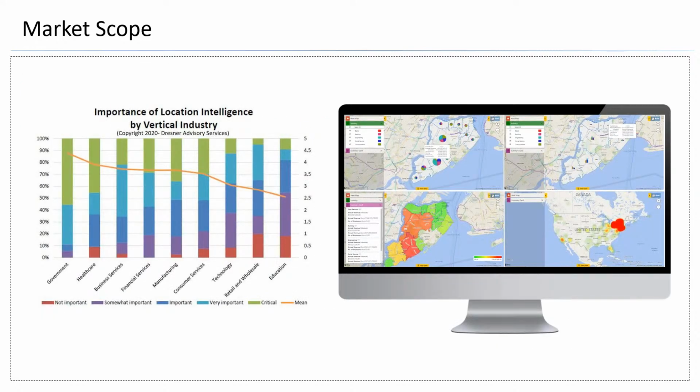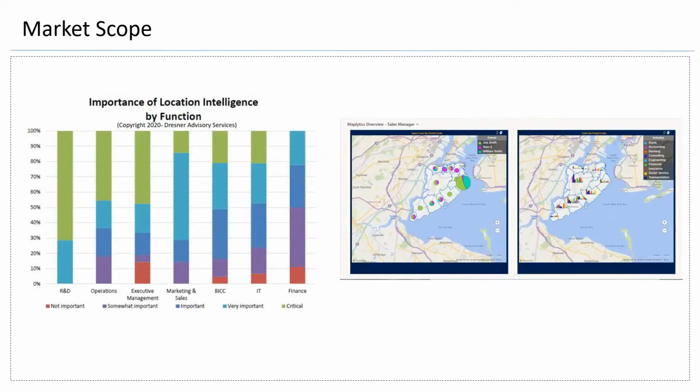Locational intelligence is being used by people in various job functions. So it's not just limited to the C-level leaders of the company, but also the people in R&D, operations, marketing and sales, and many other job functions. And they are also utilizing the locational information in their day-to-day work.